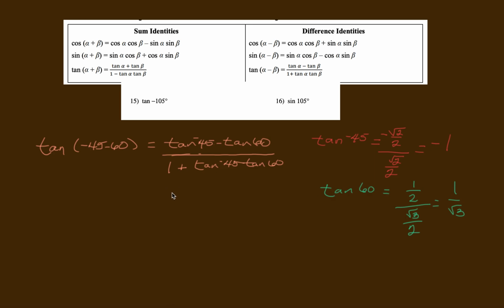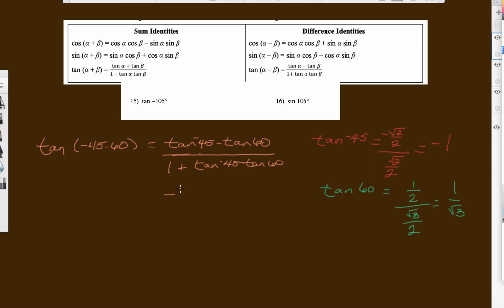So I put in all the values, and I have negative 1 minus 1 over root 3, and that's going to be over 1.